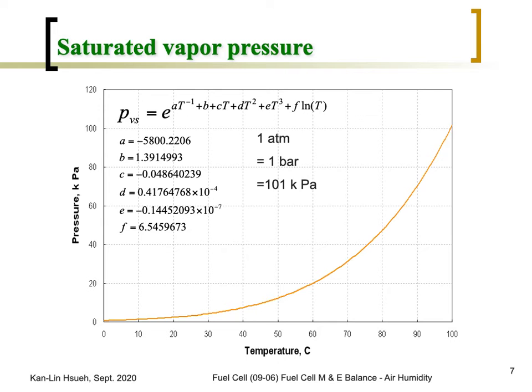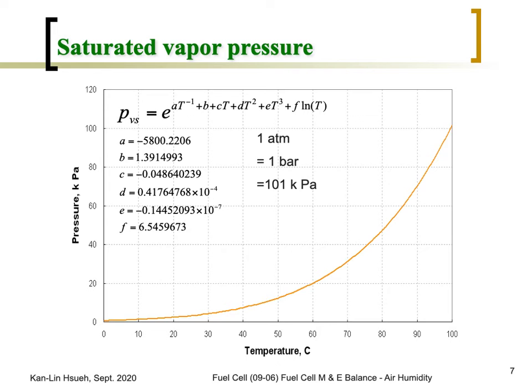Over here you can see the numbers; this one is only good for pressure at 1 atmosphere. You substitute those numbers, and you can calculate the vapor pressure at different temperatures from 0 to 100. Above that, there may be slight deviation.